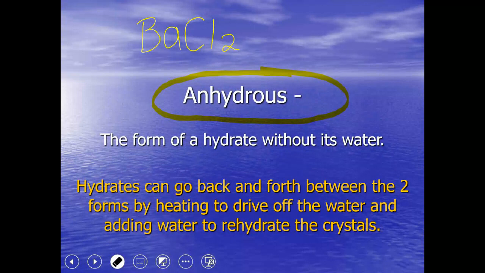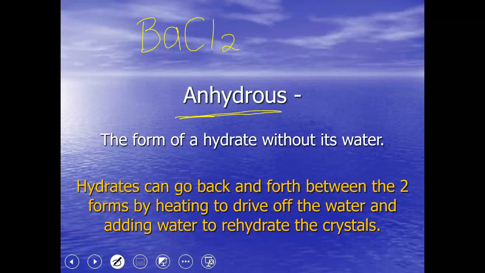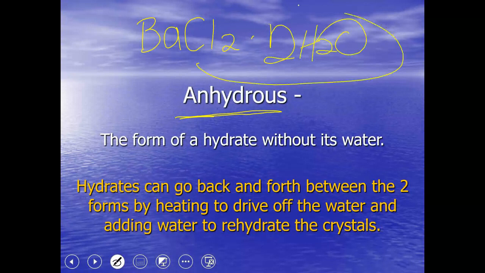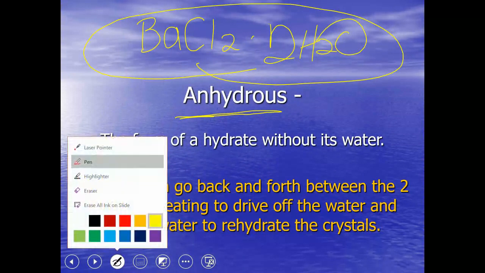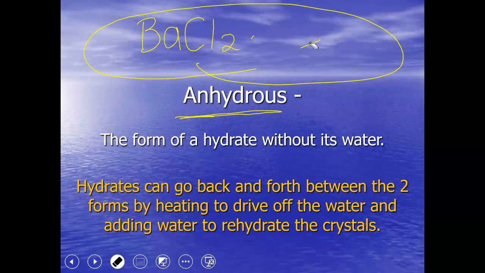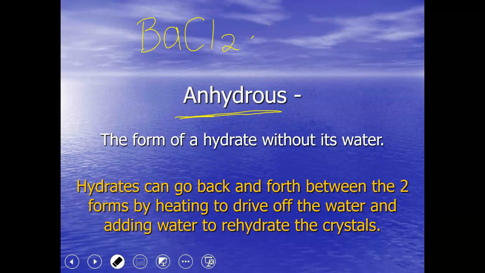The salt portion of the hydrate that is left behind when all of the water is driven off, that is the anhydrous portion of the compound, okay? The whole thing, when you have the water molecules attached, is called a hydrate. But when the water has evaporated, what is left behind is known as the anhydrous portion of the compound.